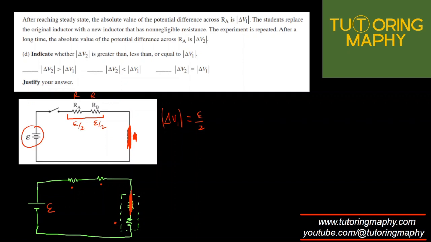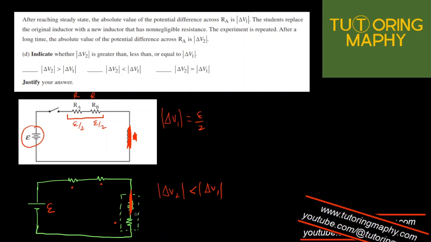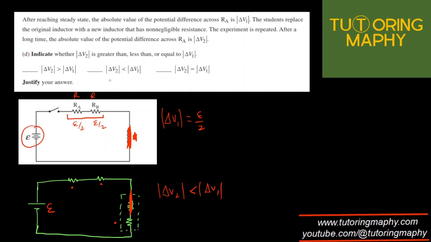The initial share of RA will obviously decrease, because it is going to be shared with this teeny tiny other resistor as well. So whatever V2 is, I'm not really interested in calculating it. It has to be a little less than V1 because of the introduction of this new resistor in the circuit. So I think option B makes the most sense.